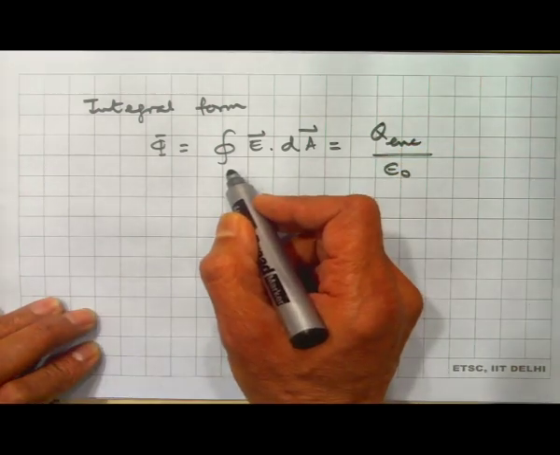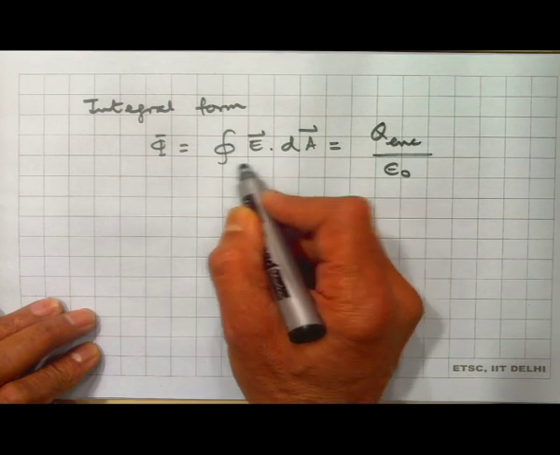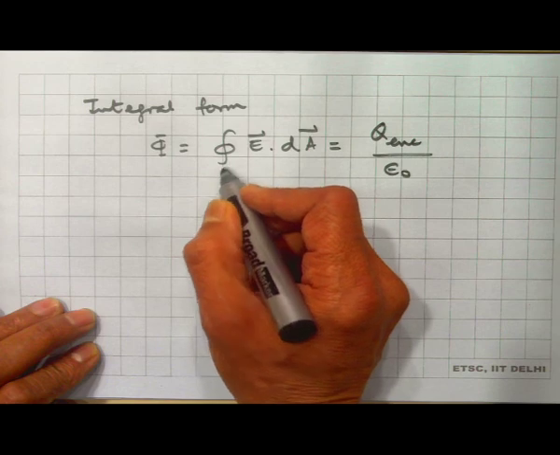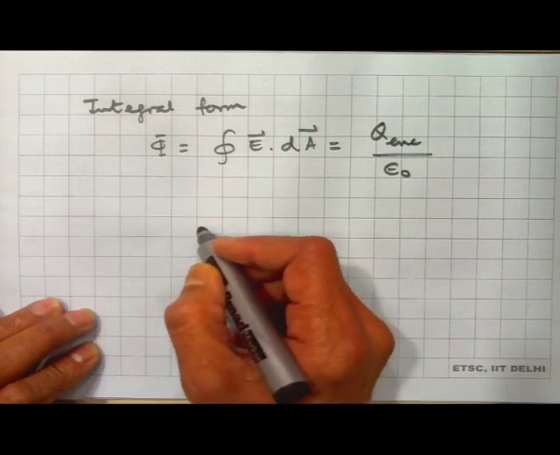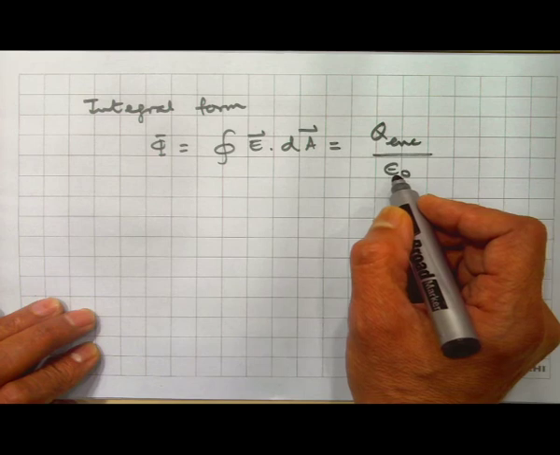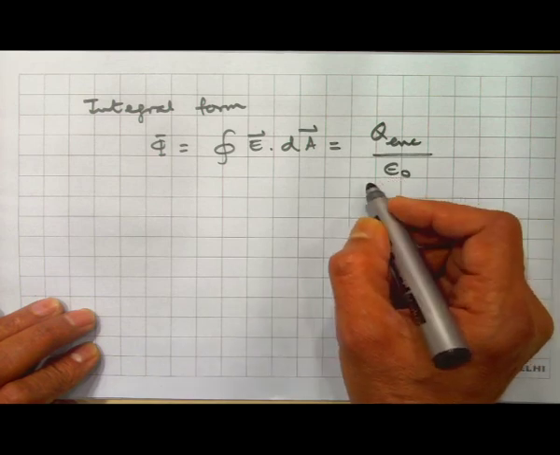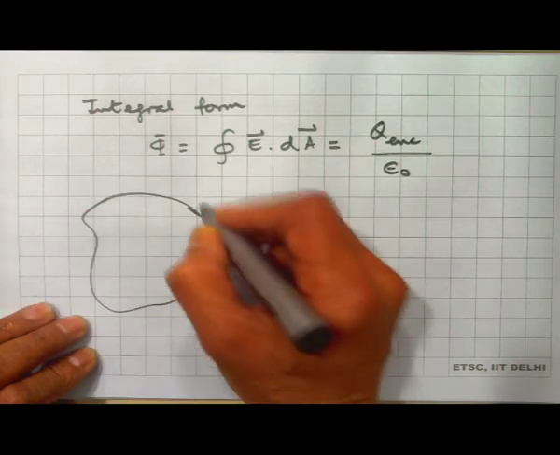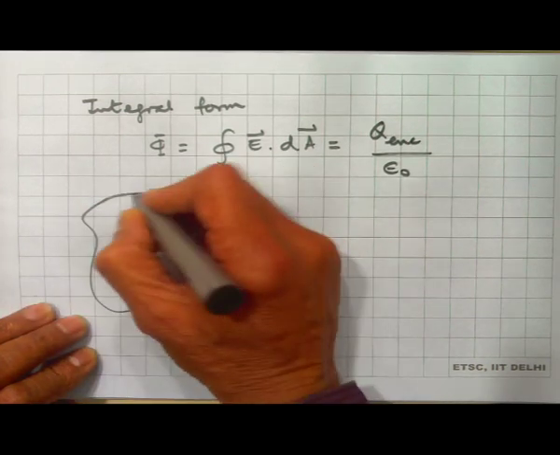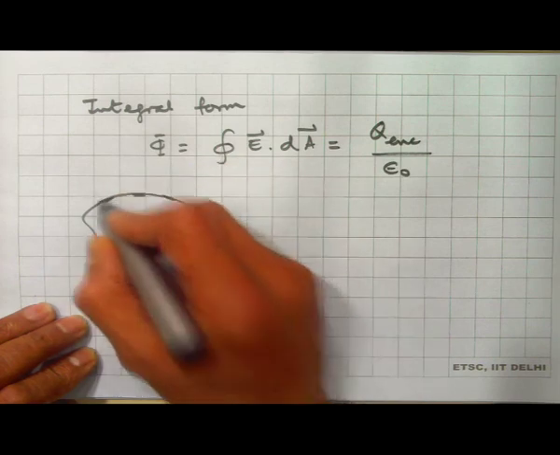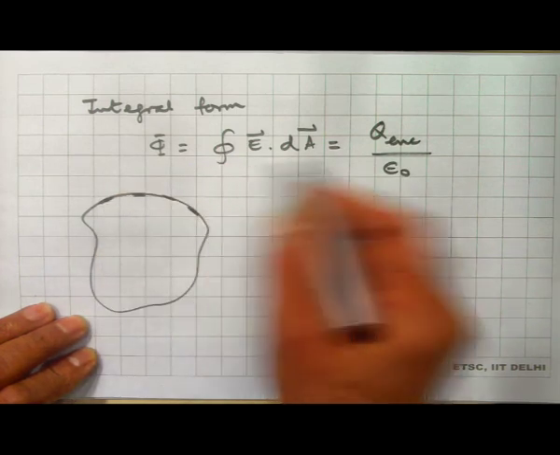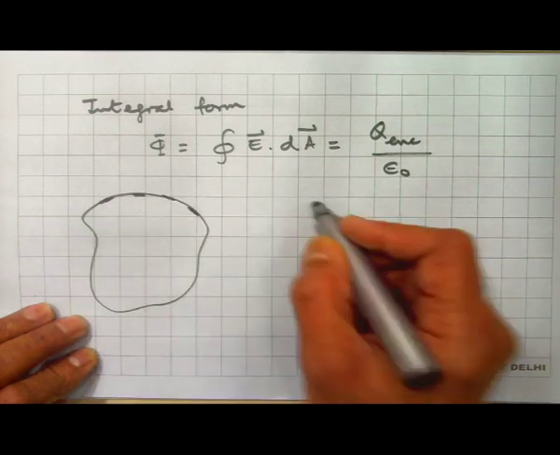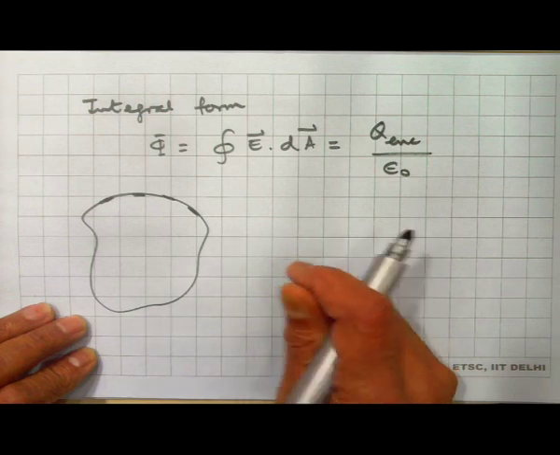This is an integral over the area of the Gaussian surface, and this circle on the integral sign implies it is a closed integral. So, it means the entire surface is supposed to be closed. So, the net flux emanating from the closed surface is charge enclosed by epsilon 0. So, if you have an arbitrary surface, you take the E dot dA, you take the element of area at every point, calculate the electric field at that point, integrate, and finally you get the total flux coming out of the surface, which must be equal to charge enclosed by epsilon 0.